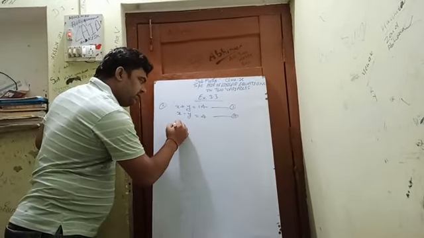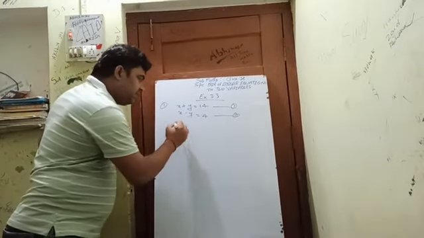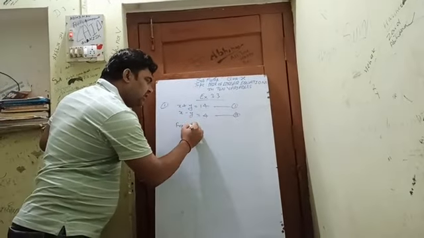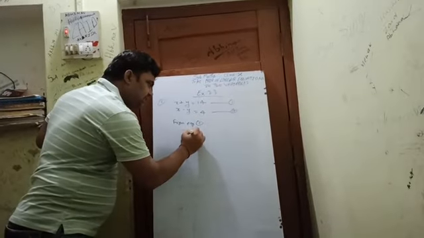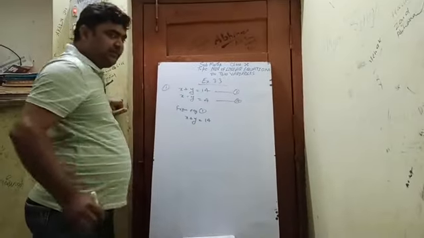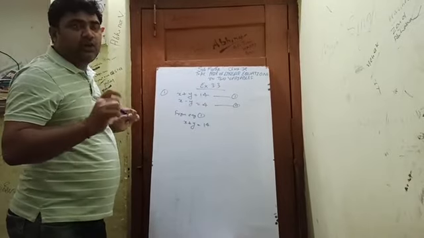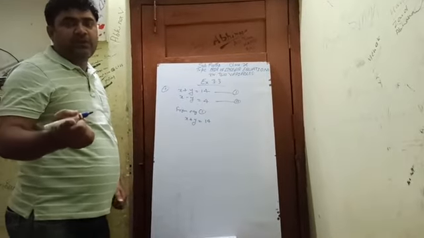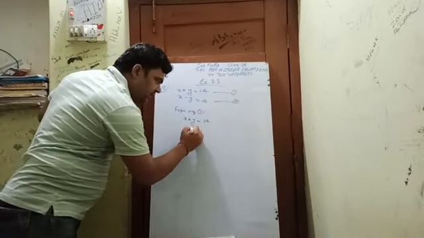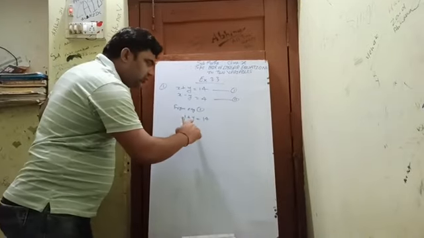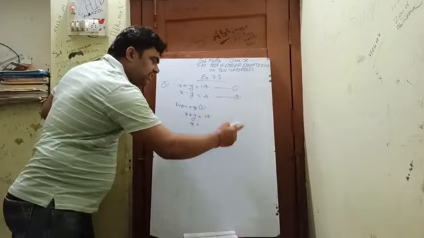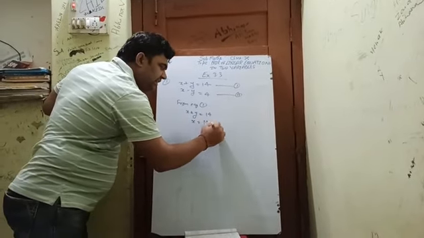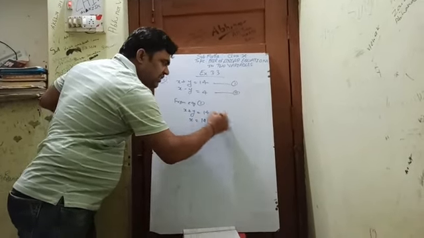Now by the substitution method, first we take from equation first, x plus y is equal to 14. We can take either x or y, it depends upon you. So x is equal to what? By transposing y to the right hand side, it will be 14 minus y. This will be equation third.